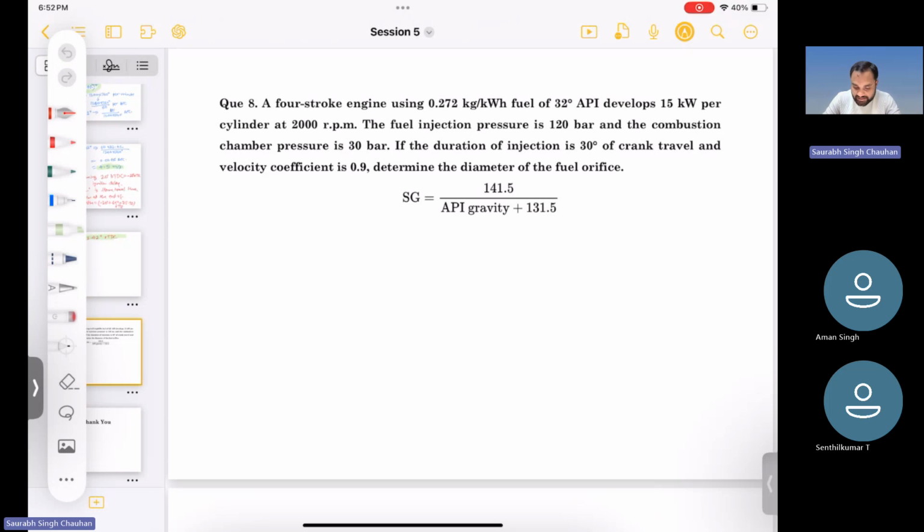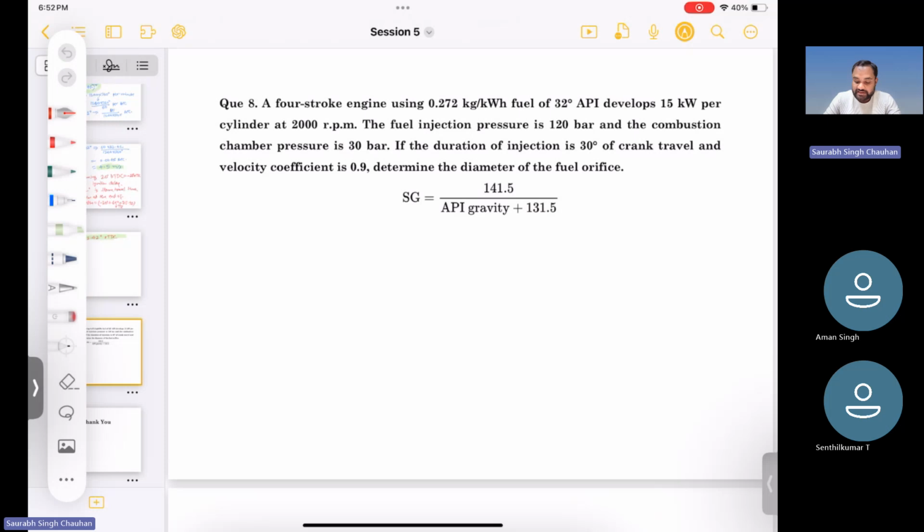It says a four-stroke engine using 0.272 kilogram per kilowatt hour of fuel of 32 degree API develops 15 kilowatt per cylinder at 200 RPM. The fuel injection pressure is 120 bar, and the combustion chamber pressure is 30 bar.